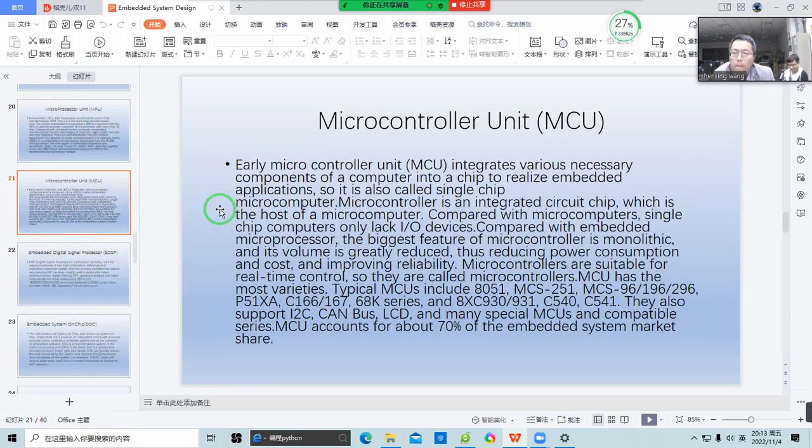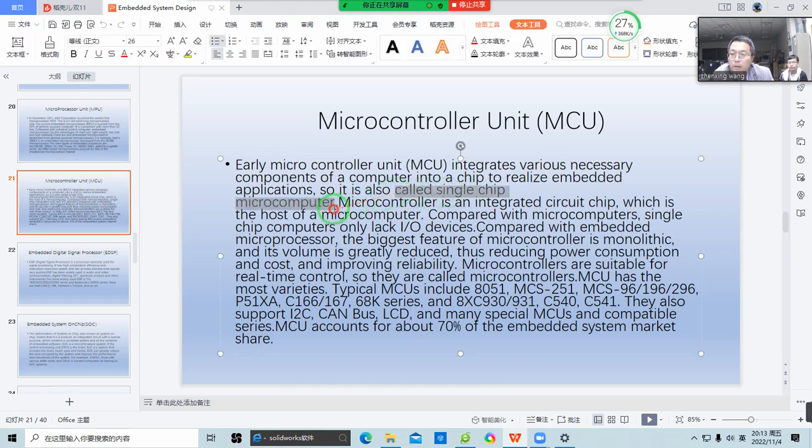Then the MCU. The early microcontroller unit integrates various necessary components of a computer into one chip to realize embedded applications. So it's also called a single chip microcomputer. Before the ARM processor emerged, all engineers were familiar with the single chip microcomputer.